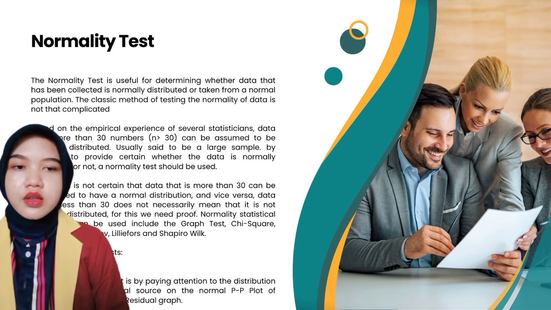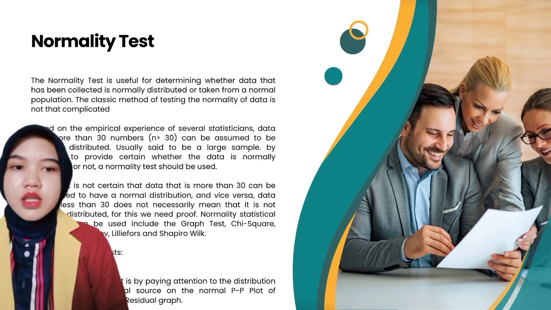Because it is not certain that data that is more than 30 can be guaranteed to have a normal distribution, and vice versa, data that is less than 30 does not necessarily mean that the data is not normally distributed. For this we need proof.